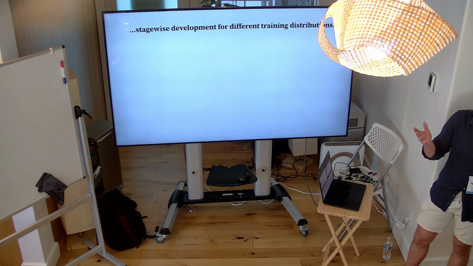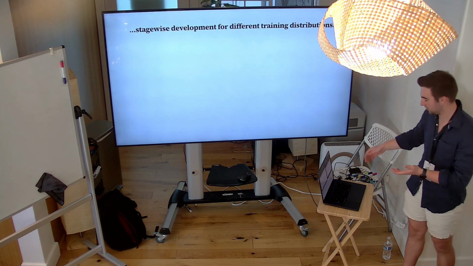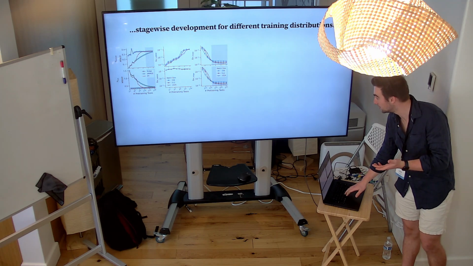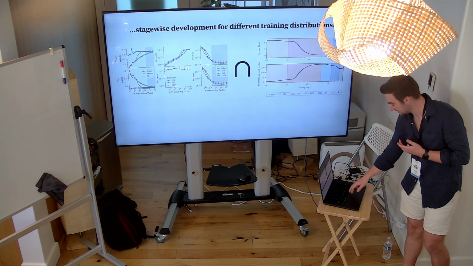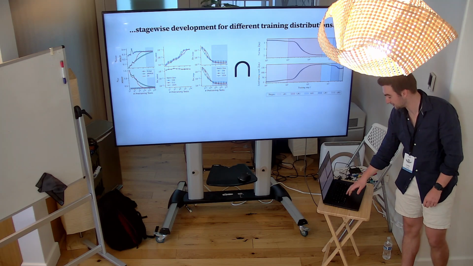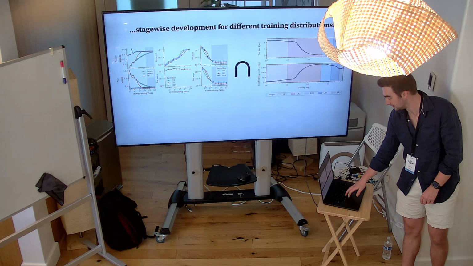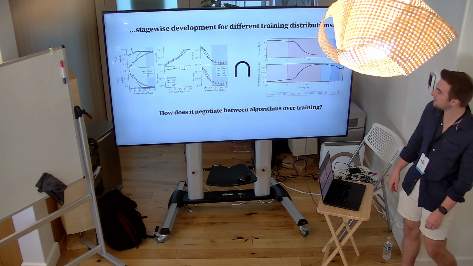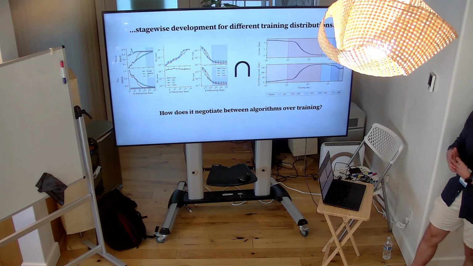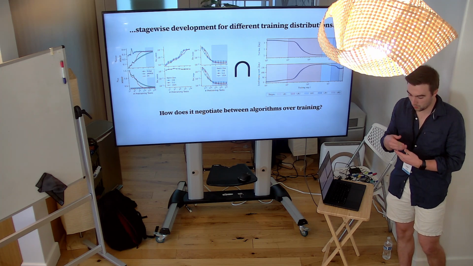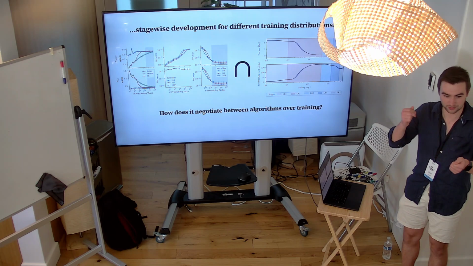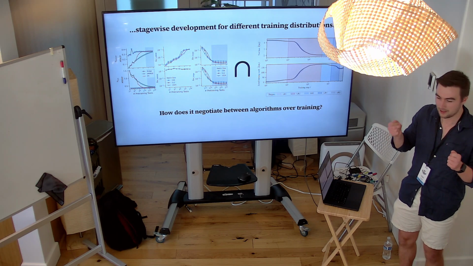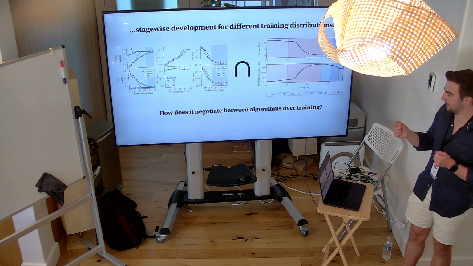then poses the question: what happens when we combine the Reventos et al. stuff with our stage-wise development analysis from the developmental landscape paper? We want to understand the nature of this negotiation between two algorithms over the course of training.